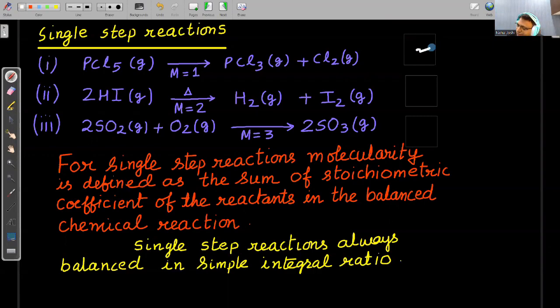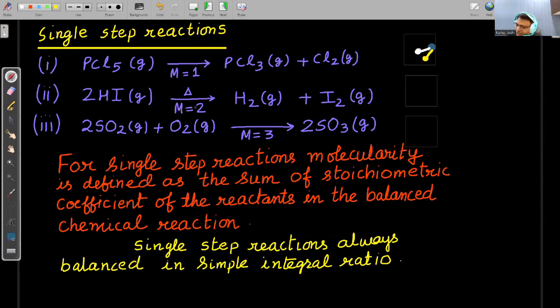On collision, they have converted into two different particles, one particle PCl3 and the other Cl2. So initially this was a PCl5 molecule; on colliding with the wall of the container, it has converted into PCl3 and Cl2. Molecularity 1 means one molecule is colliding with the wall of the container in order to form the products.